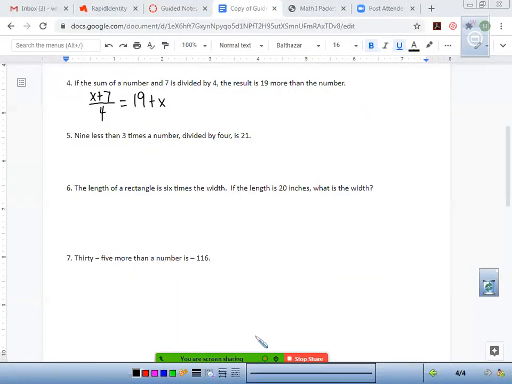So how do you think we might go about trying to solve this one? Multiply by 4. Very good. So I'm going to multiply both sides by 4. The 4s are going to cancel.